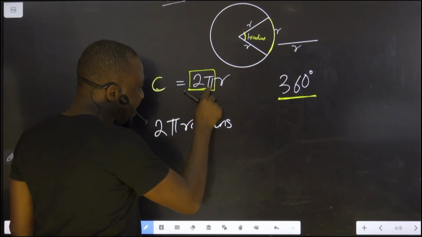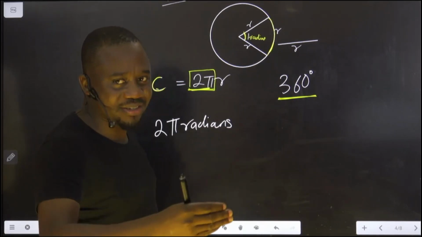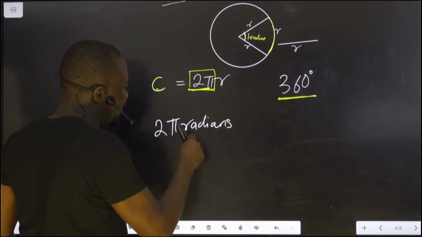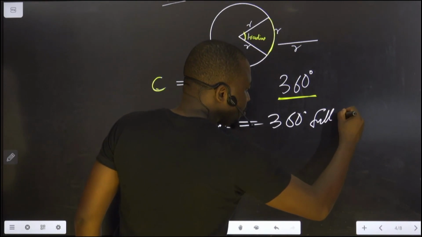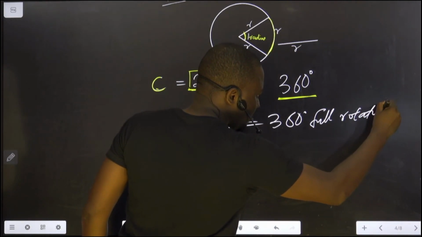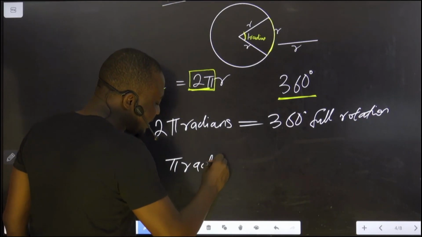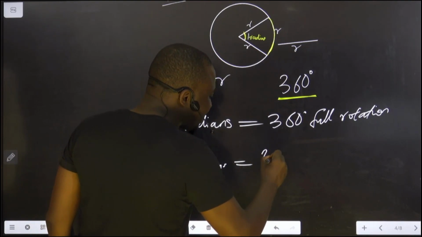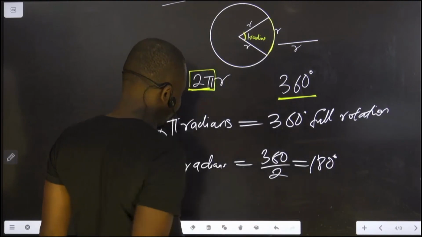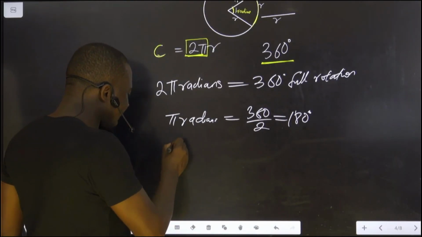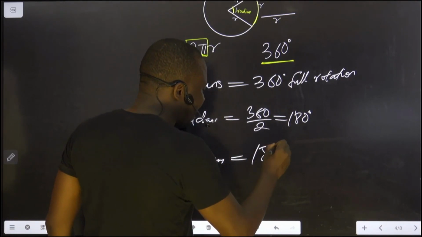Remember, the number of radii covering the circle is 2 pi, which is equal to 360 degrees for a full rotation. It means that pi radians is equal to 360 over 2, which is 180 degrees. So pi radians is equal to 180 degrees.